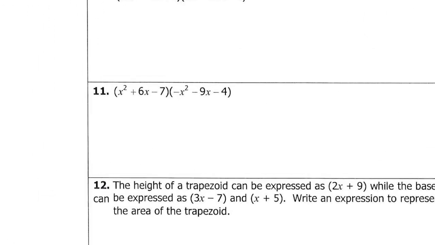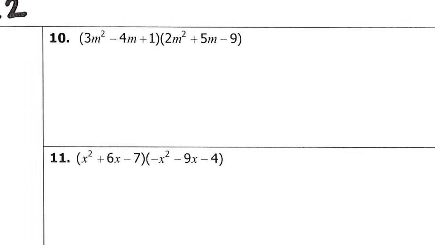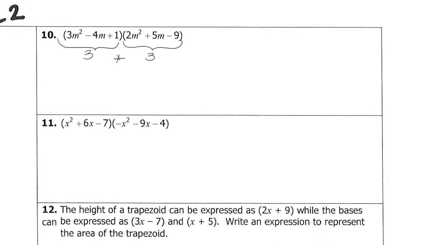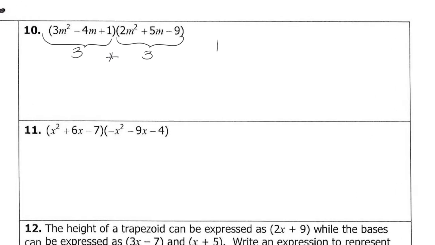Let's look at, let's say, number 10. This is a good one. Let's take a look at the first set of parentheses. This is 3 terms. The second set is 3 terms. So I need to build a very big box. I need to build a box that is 3 by 3.